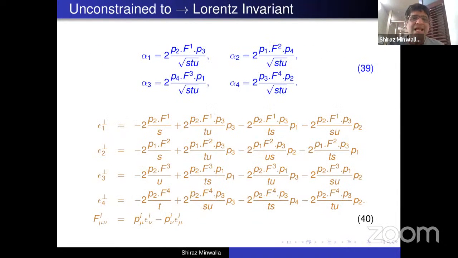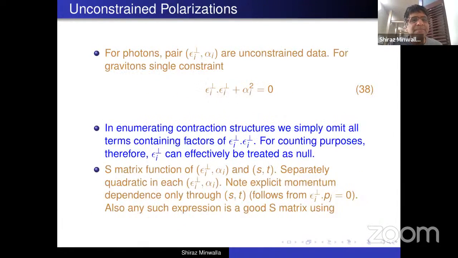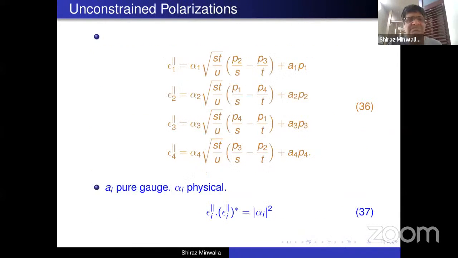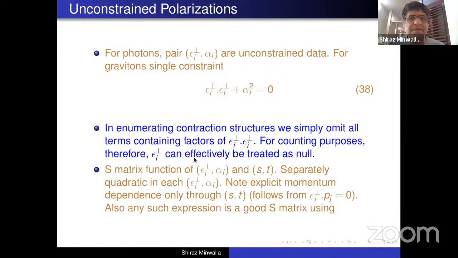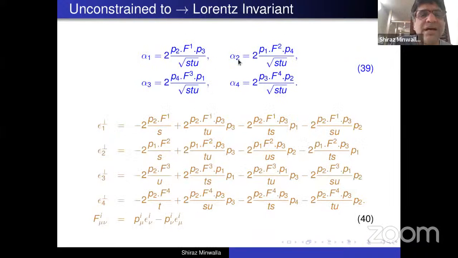Now, you could ask, this is all okay, but it looks very ugly. Some funny parameterization of these things in terms of gauge non-invariant variables. Is there a gauge invariant way of characterizing these alphas? Here I've given it for the photon case, but it's very similar for the graviton. In fact, if you just think of F here as a formal object, which is p mu epsilon nu minus p nu epsilon mu, this is the same for gravitons as well as photons.